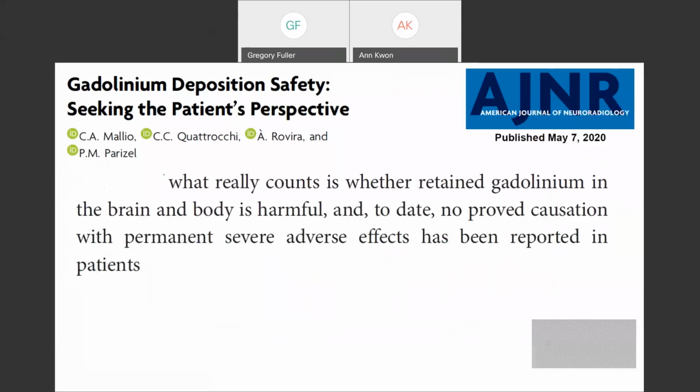Here's the bottom line. What really counts is whether retained gadolinium in the brain and body is harmful, and to date, there's no evidence for that. But the editorial does endorse studying it. We definitely need to continue to study and monitor the phenomenon, and monitor associations with other comorbidities.